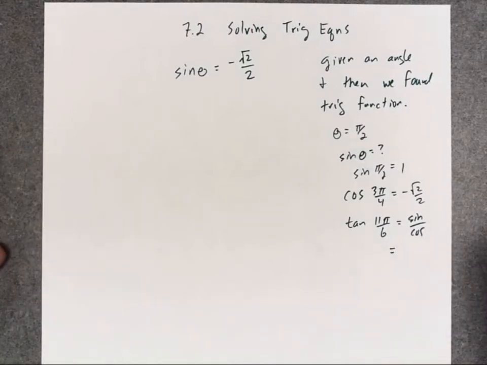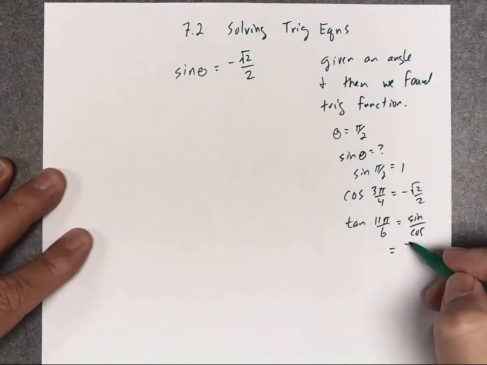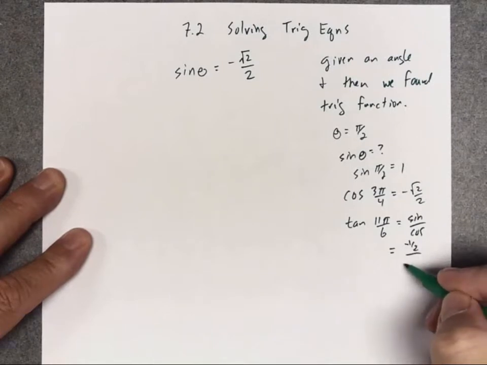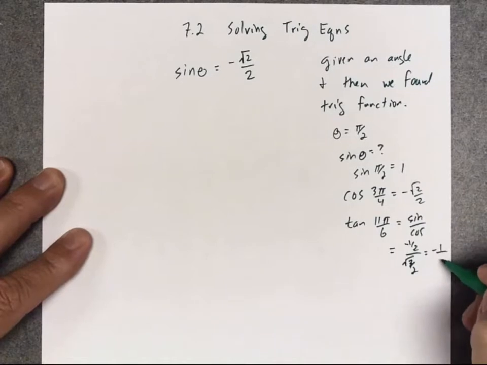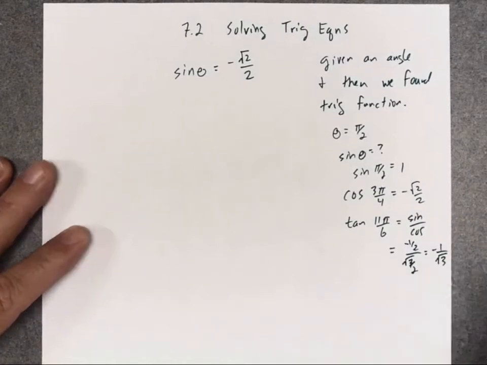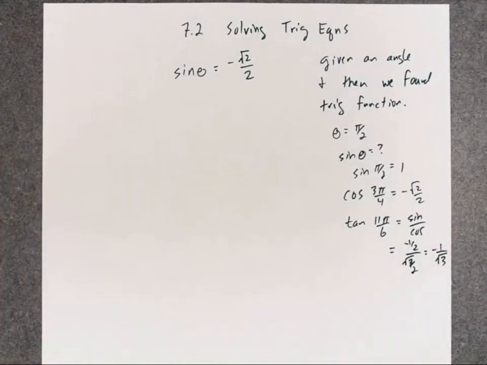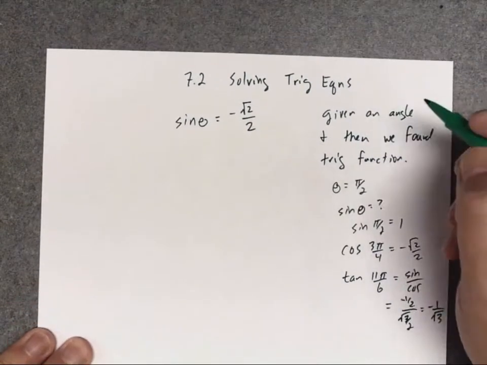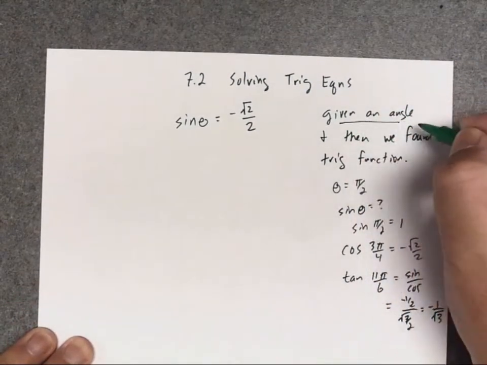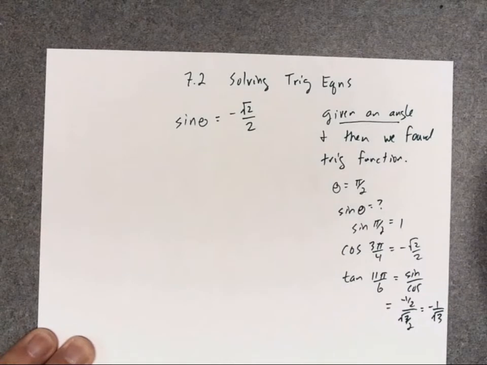So I go to that point and I realize that for 11 pi over 6, the sine is negative 1/2 and the cosine is square root of 3 over 2. So the tangent of 11 pi over 6 is negative 1 over square root of 3. So up until now, we were given angles, and we found trig functions.